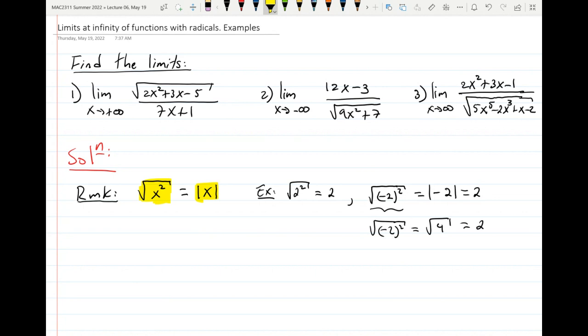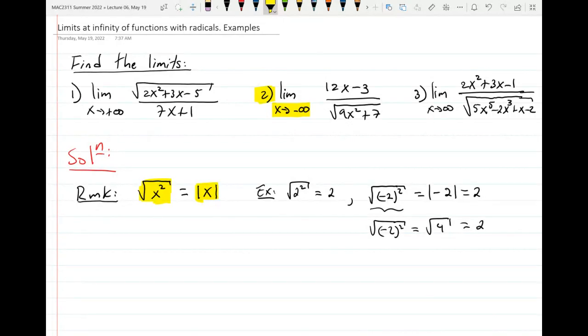This is going to play an important role in our limits in these examples that we have here. In particular, that will be very important for example number 2, because we're dealing with negative x's. Notice that x approaches negative infinity here.